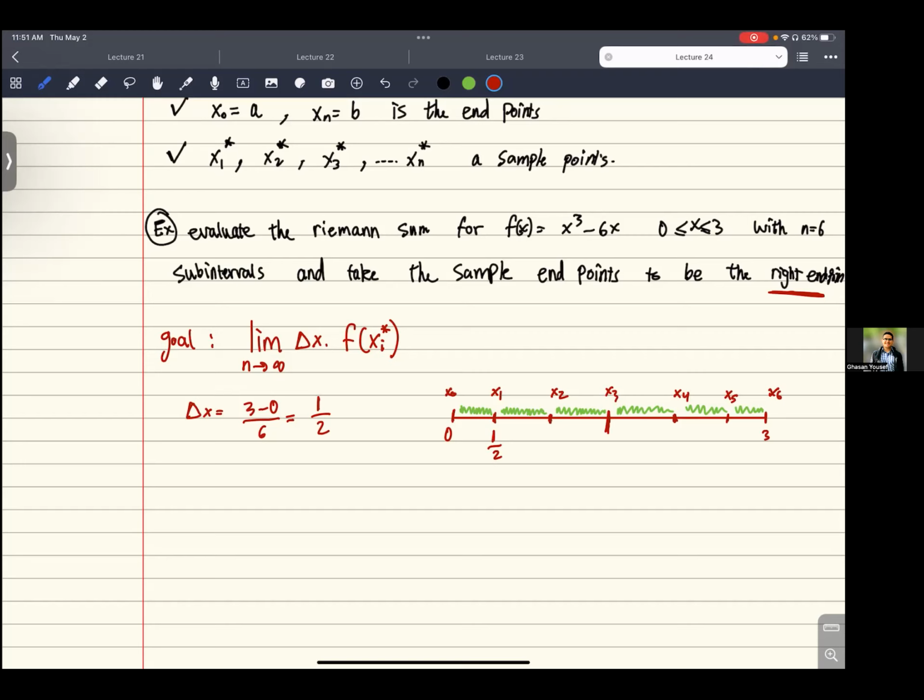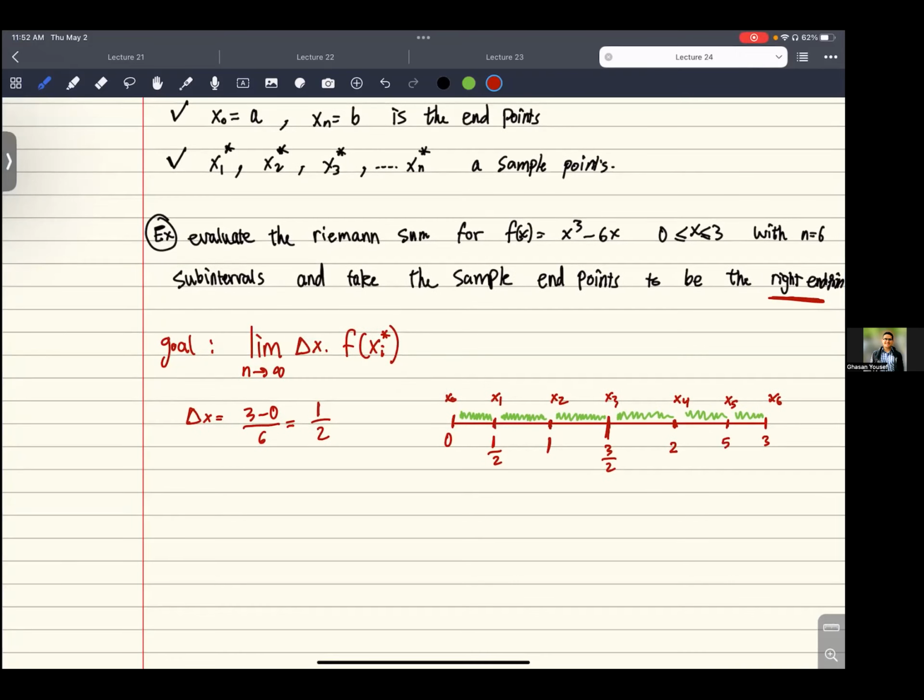What is x2? 1/2 plus 1/2 is 1. What is x3? 1/2 plus 1/2 plus 1/2 will be 3 over 2. What is x4? 4 over 2, which is 2. What is x5? 5 over 2.